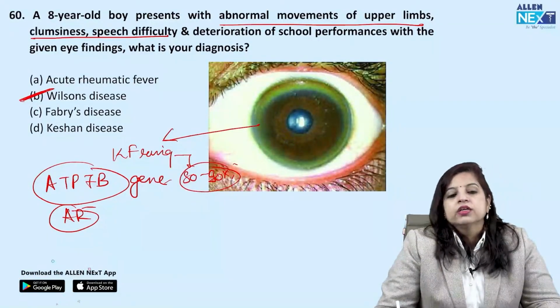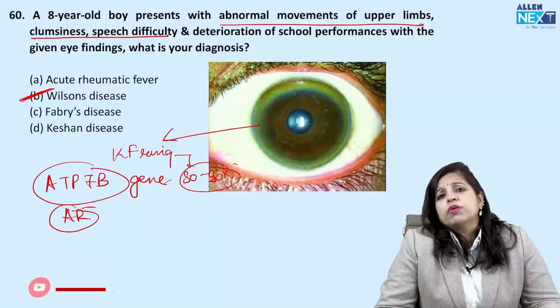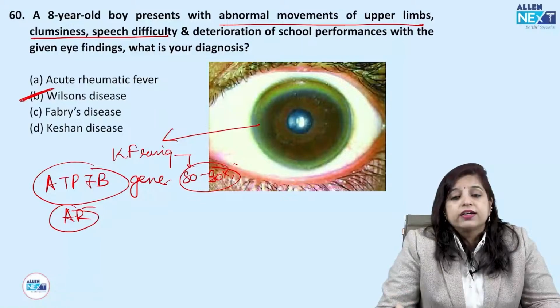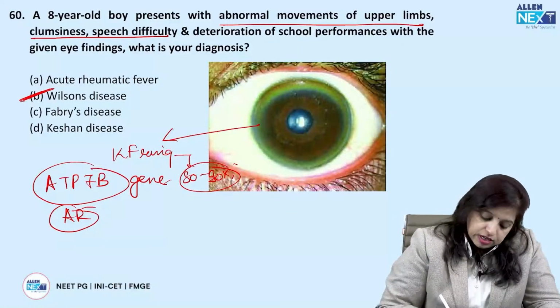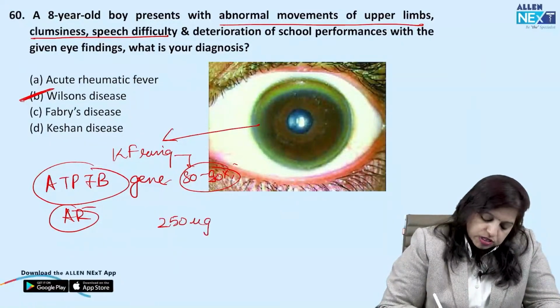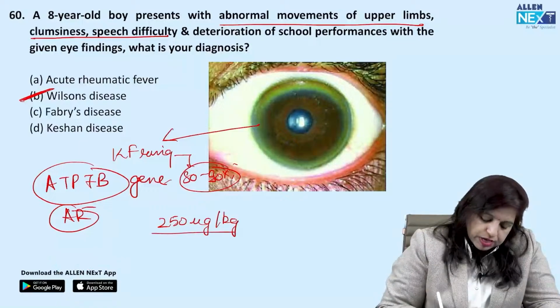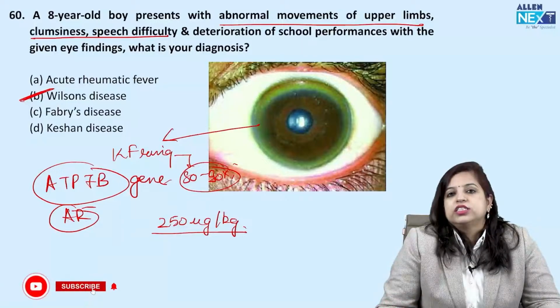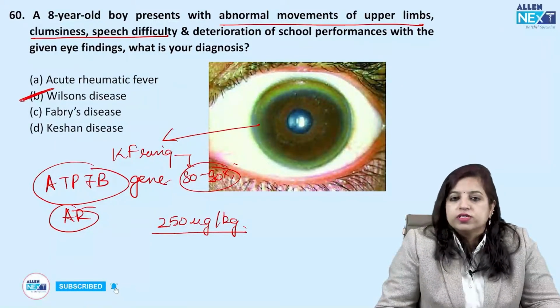Remember that, right? So hepatic copper is the single best predictive marker and is considered to be the gold standard. And it is said that if the hepatic copper is more than 250 microgram per gram of the liver weight, that is virtually totally suggestive of the diagnosis of Wilson disease.